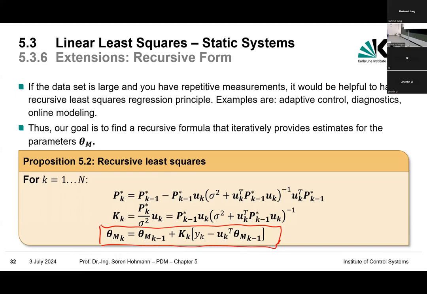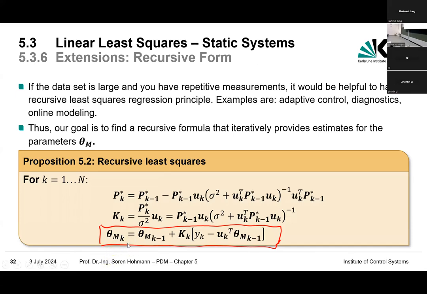So I do a couple of estimates, and therefore the parameter theta is now also indexed over K, because every time we get a new estimate, we can do new measurements. We can do another estimate. We can calculate a new parameter theta, and therefore we have a K here.